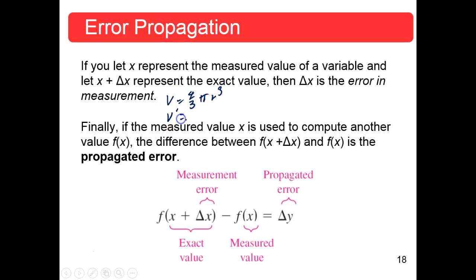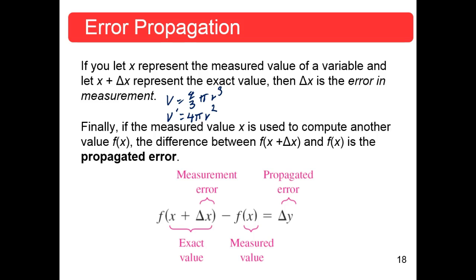What is your V prime here? That'd be 4 pi r squared. That is exactly what it is, which is rather bizarre in itself, because the volume of a sphere is 4/3 pi r cubed, and the derivative of that happens to turn out being the surface area of a sphere, which is really bizarre, but it is, so it's all right.